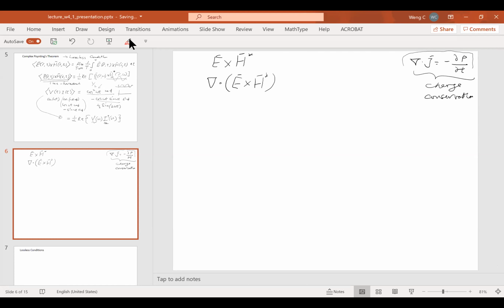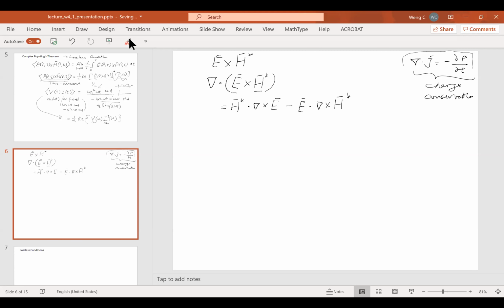And of course, if you use the vector identity for differentiation by parts, you first keep H a constant and just differentiate E. If you have that, then this becomes H dot curl of E. And then the second thing you should do, as is often done in differentiation by parts, you keep E constant, okay, and then just differentiate H. Okay, this is called the product rule. If you differentiate the product of two functions, you get this as a result. Is everybody familiar with this rule?